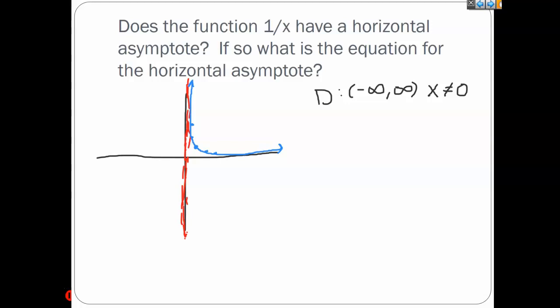So it's increasing to the left of 1, decreasing to the right of 1. And then similarly, if you plug in -1, you get -1. If you plug in -2, you get -1/2. -3 is -1 third. And then if you plug in something like -1/2, you get -2. -1 third, you get -3.